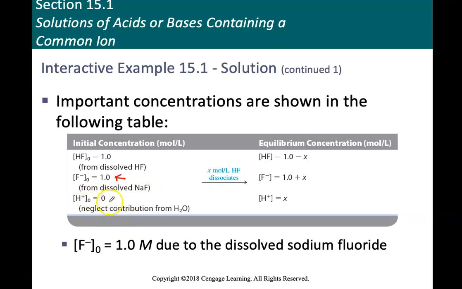This is assumed to be 0 because water can contribute H plus, but we're saying that it is very negligible. So at equilibrium, it'll be 1.0 minus X for HF. For fluoride, because this is a product, it will be 1.0 plus X, and H plus is X.